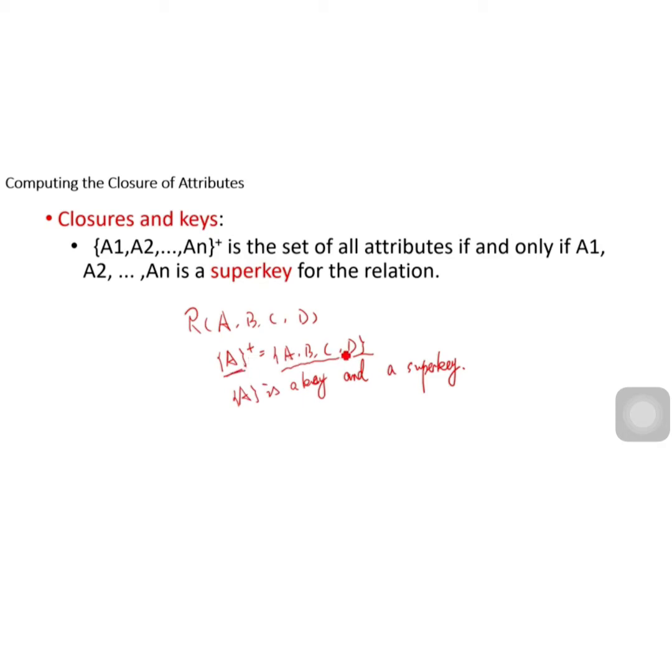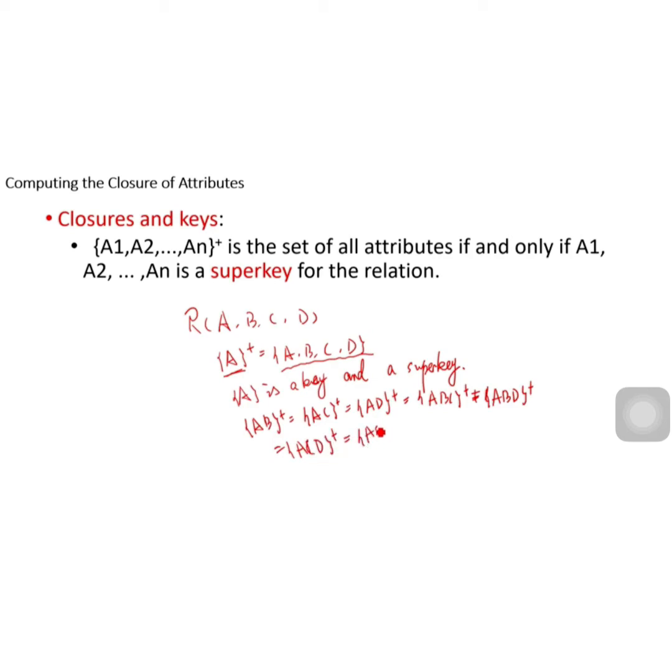Now the closure of A is ABCD. Then the closure of AB, the closure of AC, the closure of AD, the closure of ABC, the closure of ABD, the closure of ACD, the closure of ABCD.